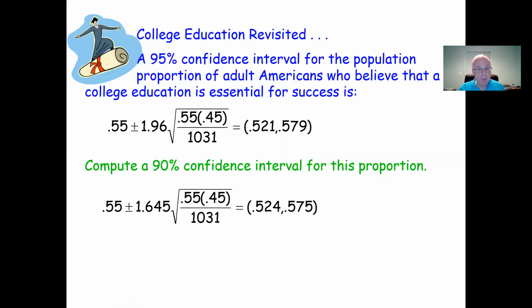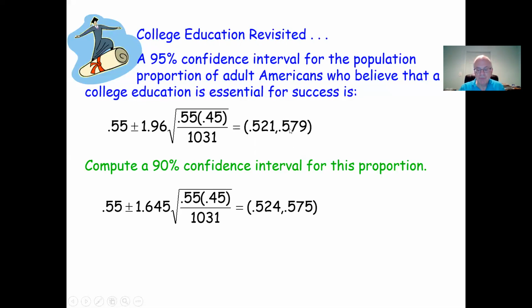That's your z critical value. And therefore, interestingly, the interval becomes more narrow for a smaller level of confidence. For a larger level of confidence, which is 95% in this case, the interval becomes wider.